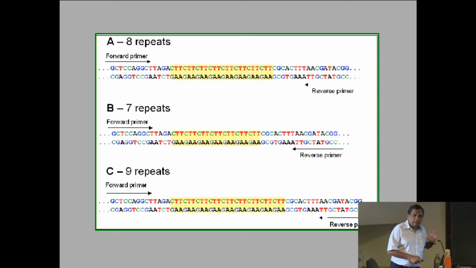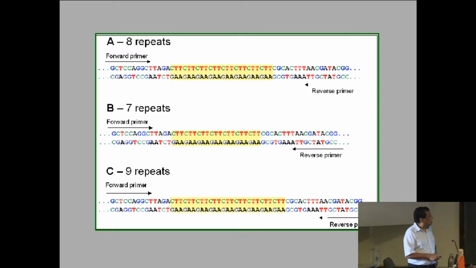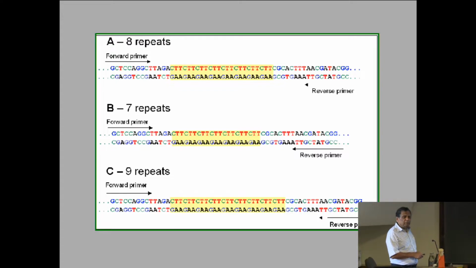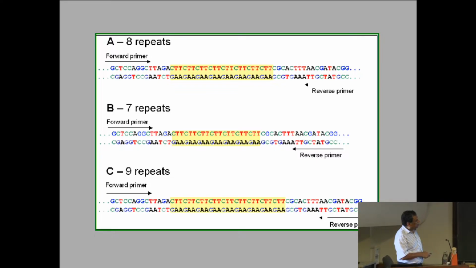Now this is a very interesting phenomenon, because using the same oligonucleotide primers in a PCR reaction, and I am assuming, since many of you students are from genetics and biotechnology, that you know what a PCR reaction is, you can actually use the same primers to anneal to these outside flanking regions. But if you do PCR from here, you will get the shortest allele, because it has only 7 repeats.